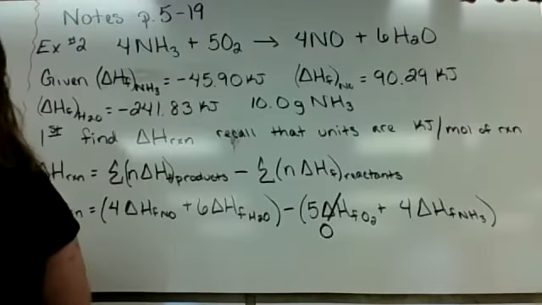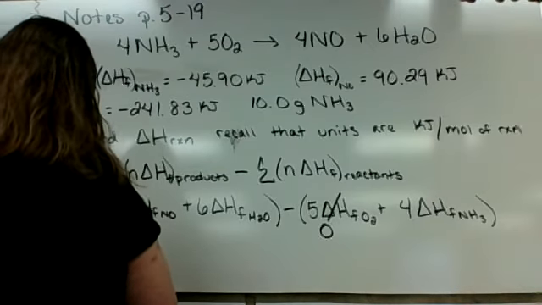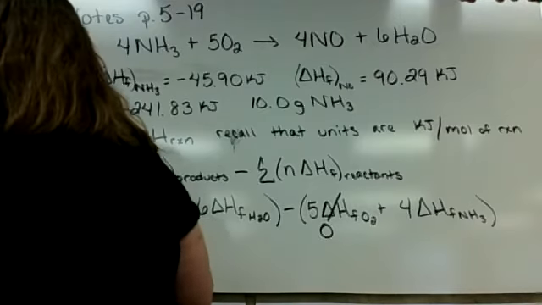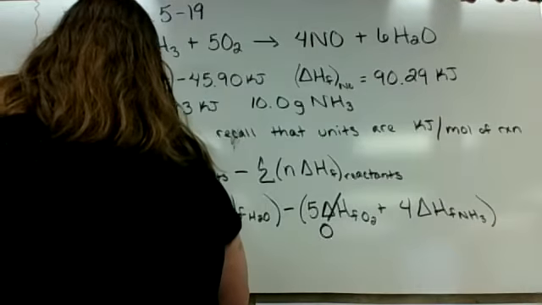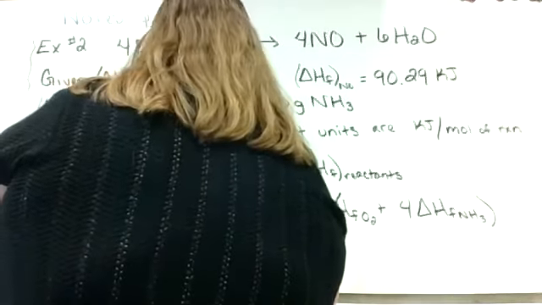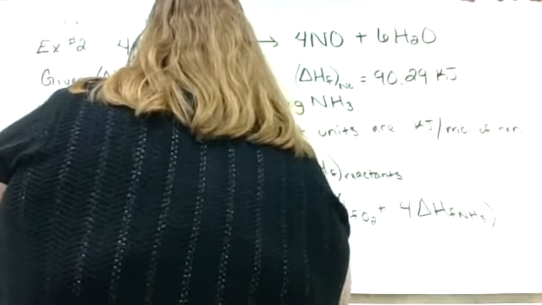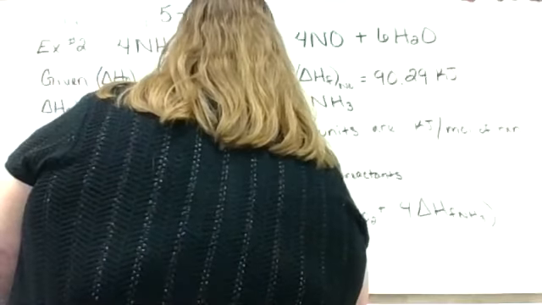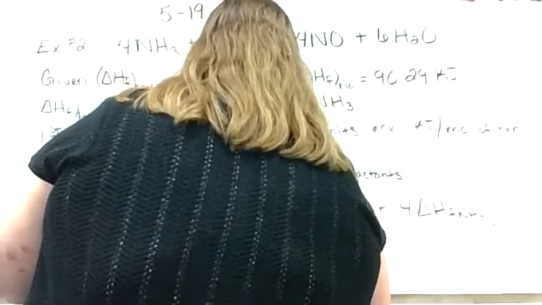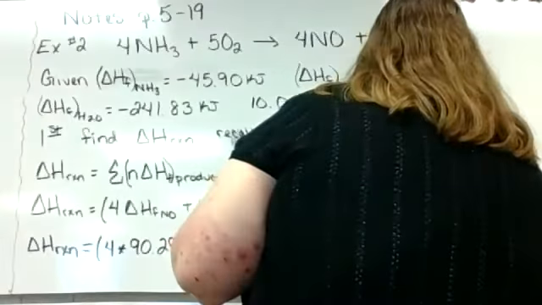So this becomes delta H of the reaction is going to equal 4 times 90.29 plus 6 times negative 241.83, minus 5 times 0, which is 0, plus 4 times negative 45.9.